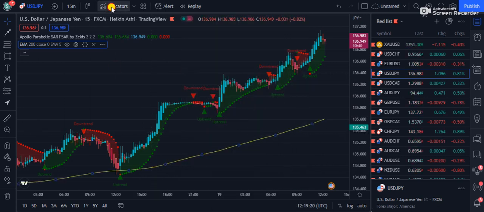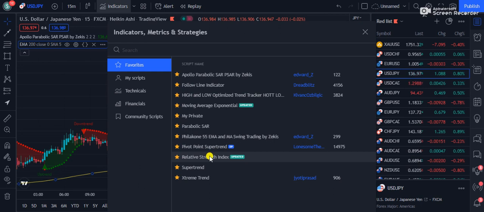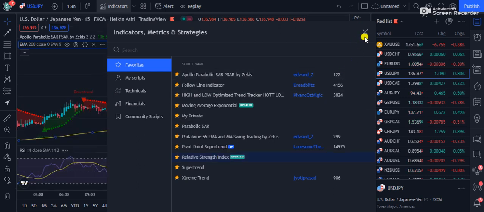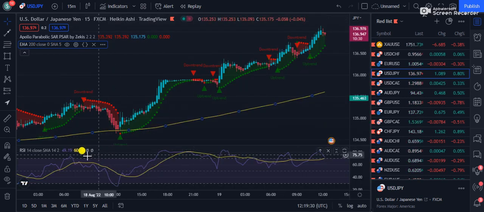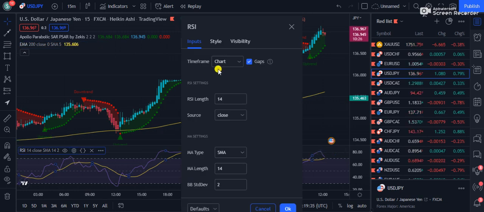The third indicator that I will be using in this strategy is the Relative Strength Index, without any author. You cannot see any author name here, so we basically need a simple one, right? This indicator is going to help us with fake breakouts. That's why I'm going to change its settings. We do not want to change anything inside the inputs.